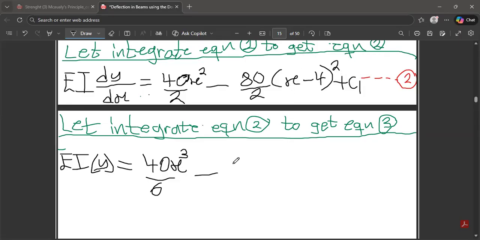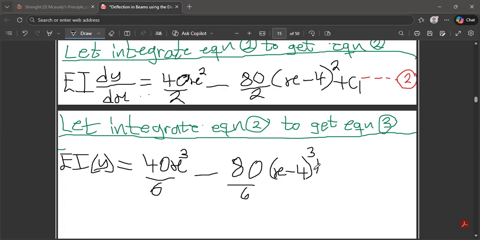So it's going to become 80 multiplying, let's say, (x minus 4), bracket close, exponent of 3, all over 6.